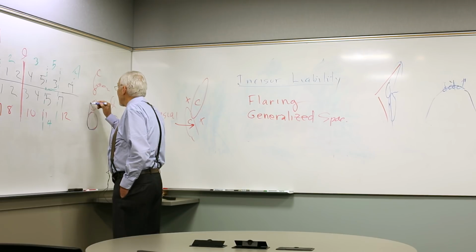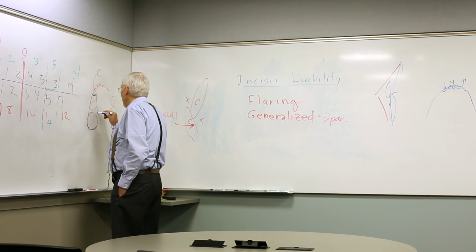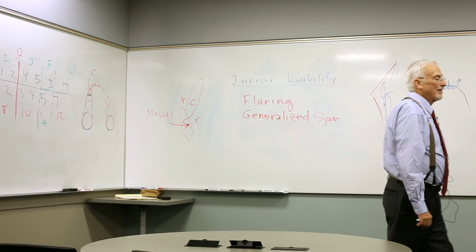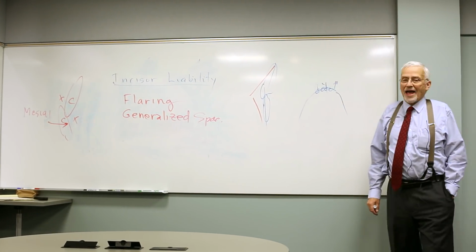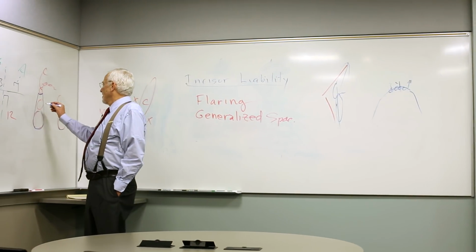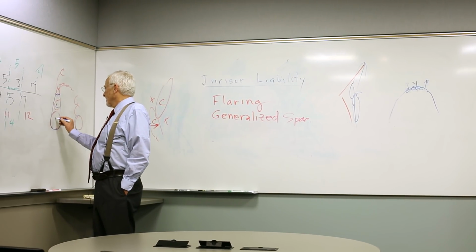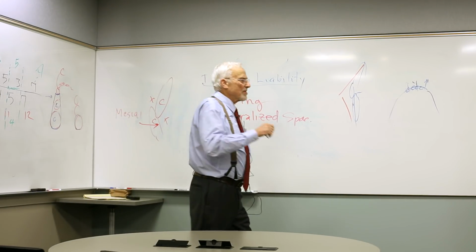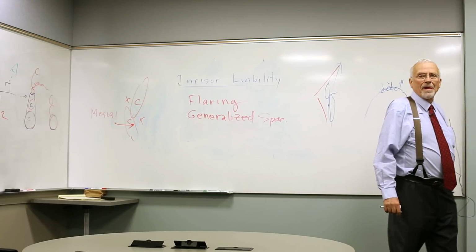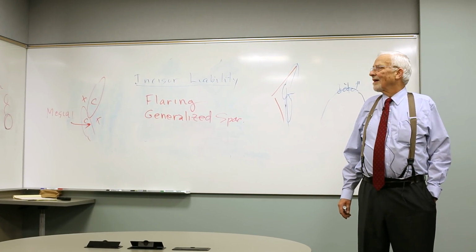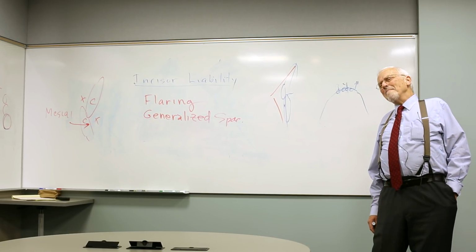a space maintainer that looked like that. What would be wrong with that? This is E, this is 6, and that's where D was. What would be wrong with that kind of space maintainer? You lose the C before you lose the E. Yeah, maybe.